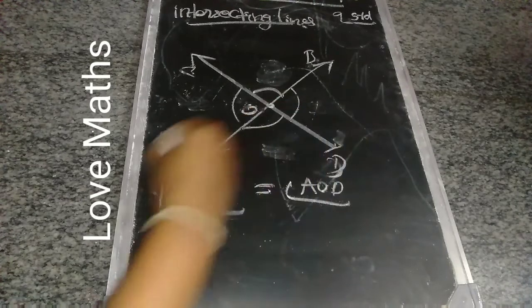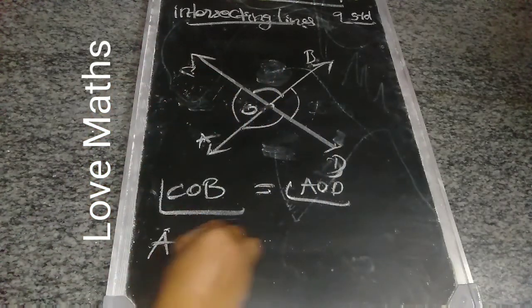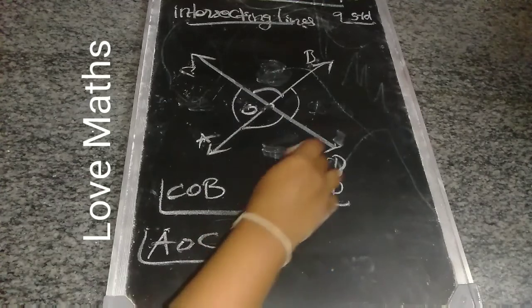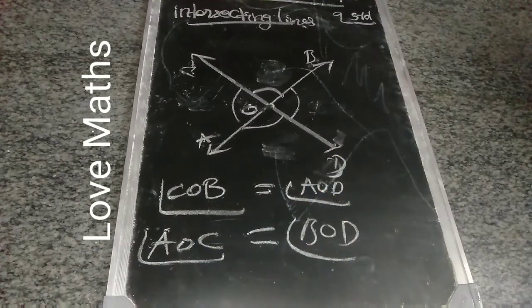Next, angle AOC is equal to angle BOD. These are the vertically opposite angles. So when there are intersecting lines, the vertically opposite angles are equal.